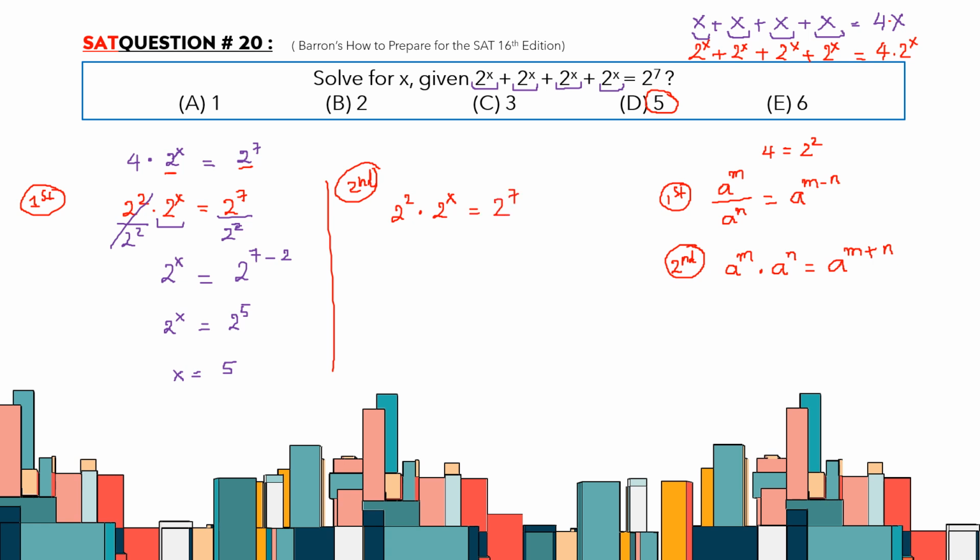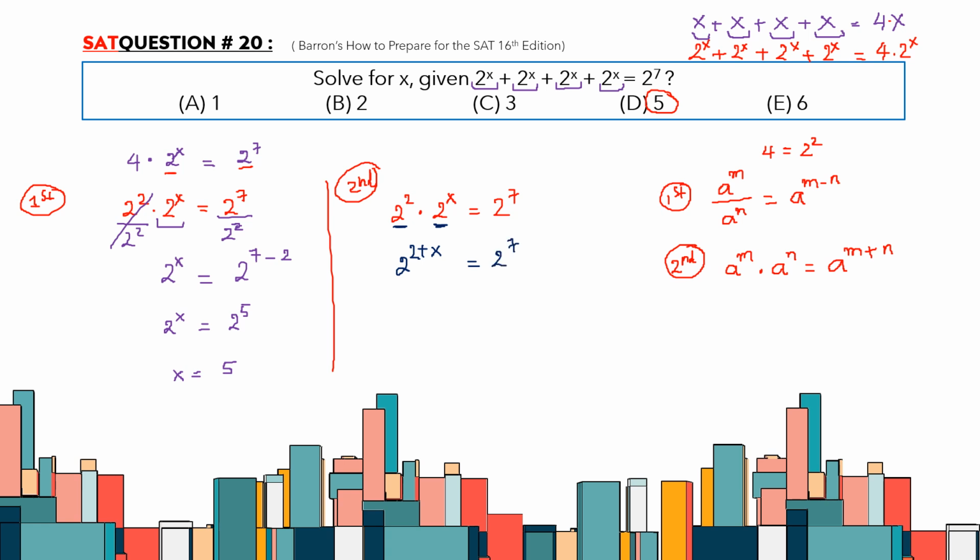But now we know that we have the same base with the multiplication, right? So that will be 2 plus x. My m in this case is 2, and my n is x, right? That equals 2 to the power of 7.